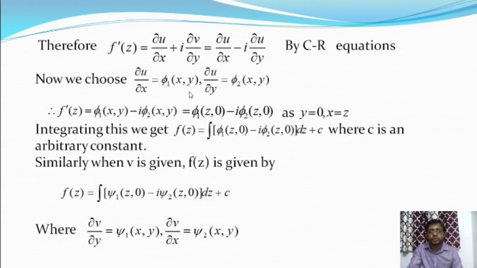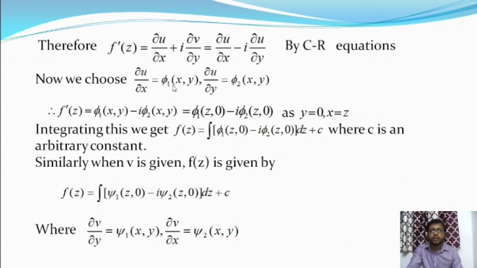Now we choose del u del x equal to phi 1 of x comma y, and del u del y equal to phi 2 of x comma y, since both are continuous functions of x comma y.